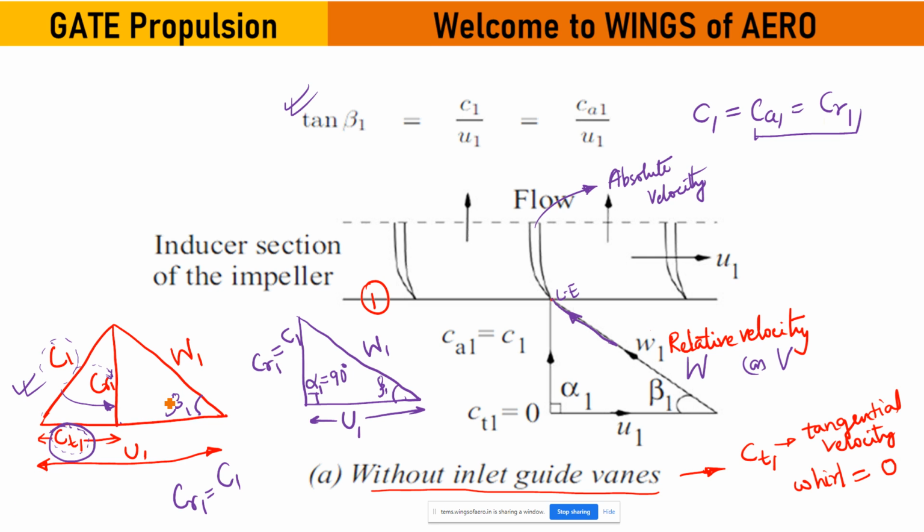If you see here, this is the condition they will give: axial compressor, the axial or the radial velocity is equal to the absolute one. Okay, so if they have stated this, that means it is without inlet guide vanes.